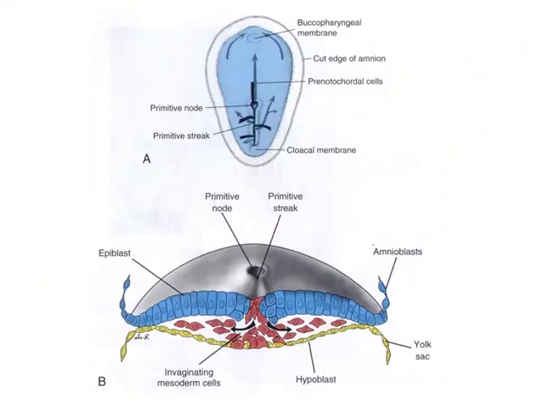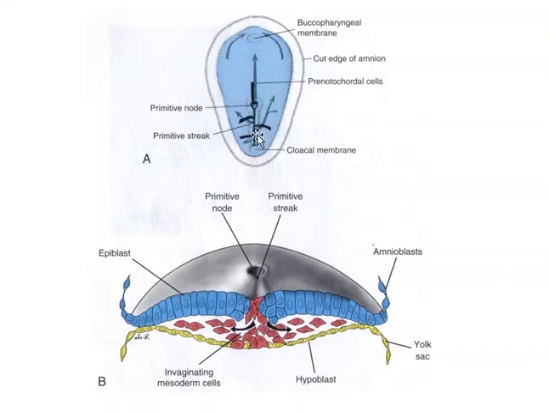And this figure shows the movement, or migration, of these cells from the epiblast through the primitive streak. Firstly, they replace the hypoblast to form the endoderm. After formation of the endoderm, other cells migrate and lie between the endoderm and the epiblast, and this forms the mesoderm.